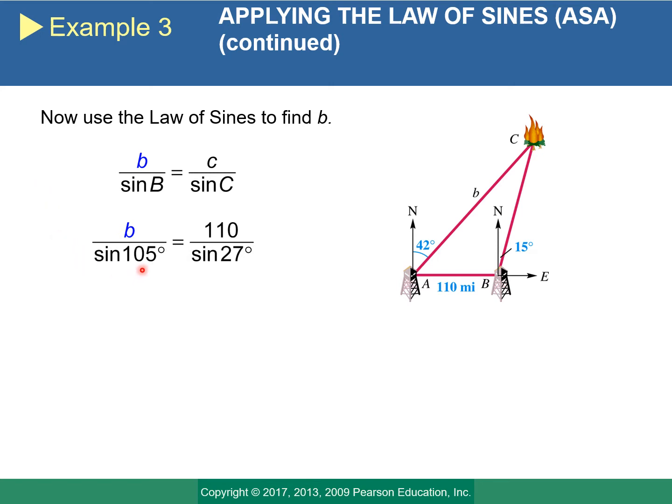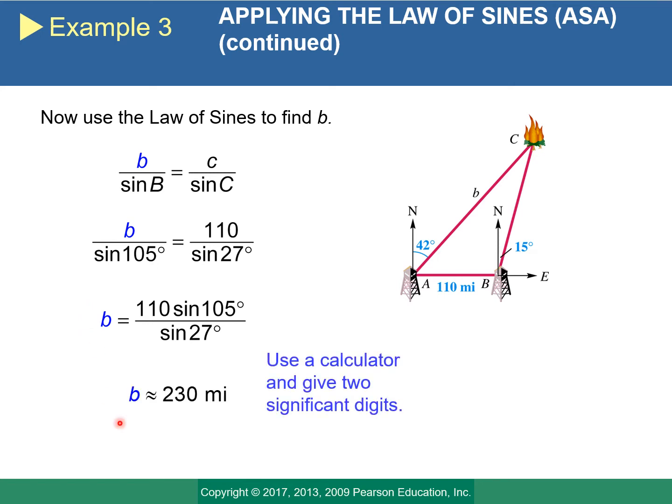We figured out that angle B was 105, angle C was 27, and length c was 110. So multiply both sides by the denominator, sine 105. And so that's what b is exactly, and then rounded is 230 miles because we were told to round to the tens place. So the fire is approximately 230 miles from this western station.